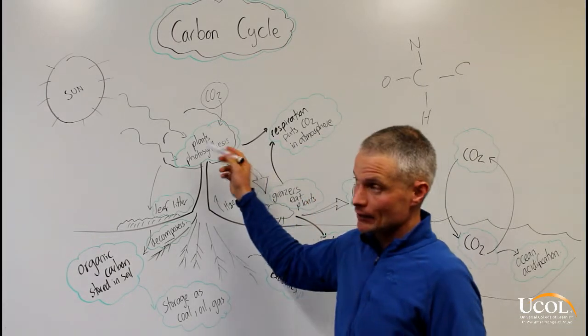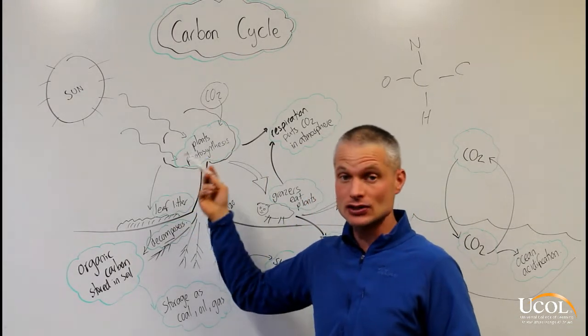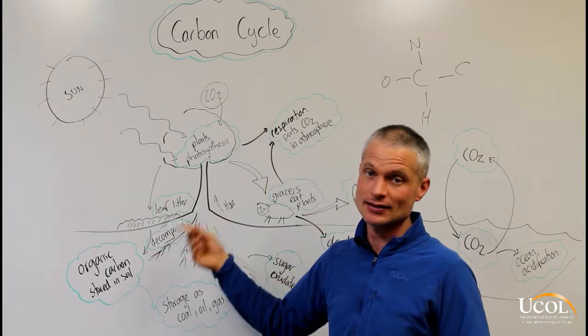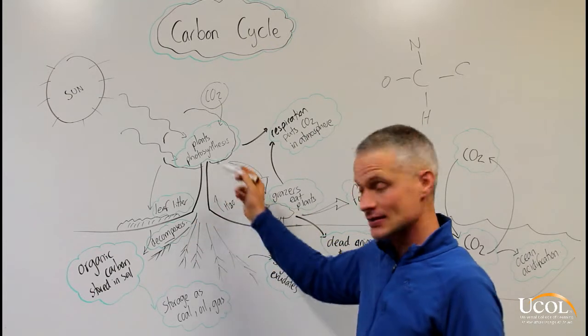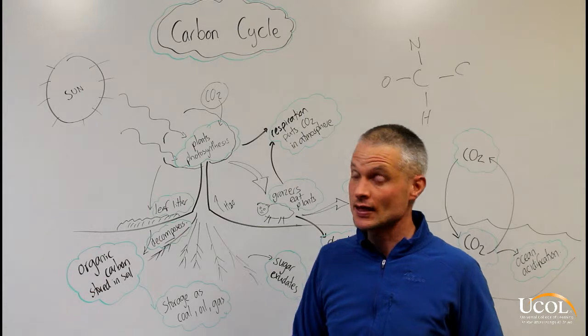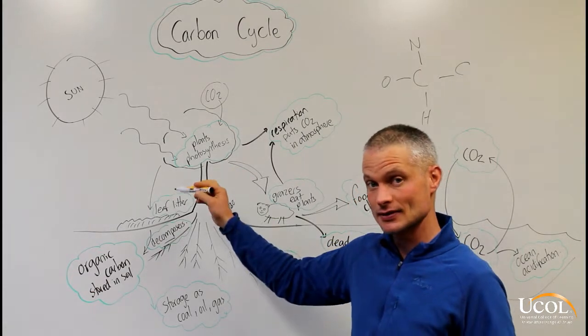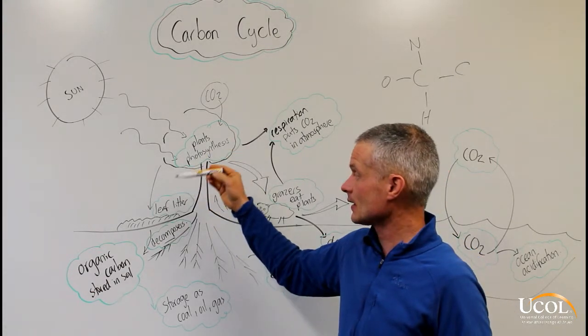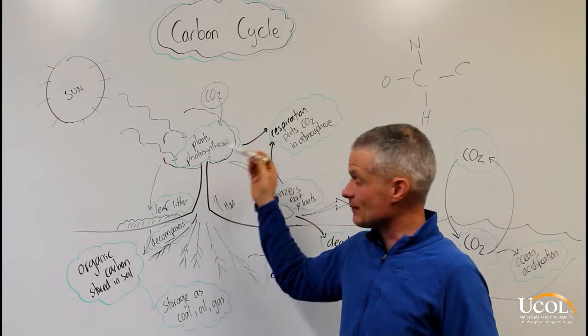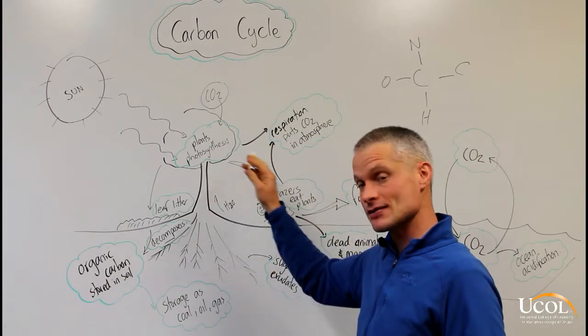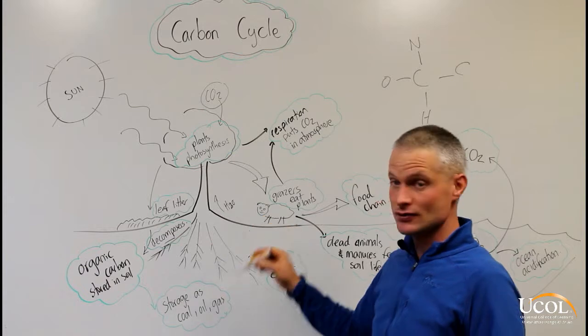Or the plants will incorporate them into their tissues, so their leaves, their trunks, their branches, and grazers can come along and eat those tissues. And therefore the carbon that the plants have used to make their own tissues will then be passed on to the grazers and be used to make their tissues.